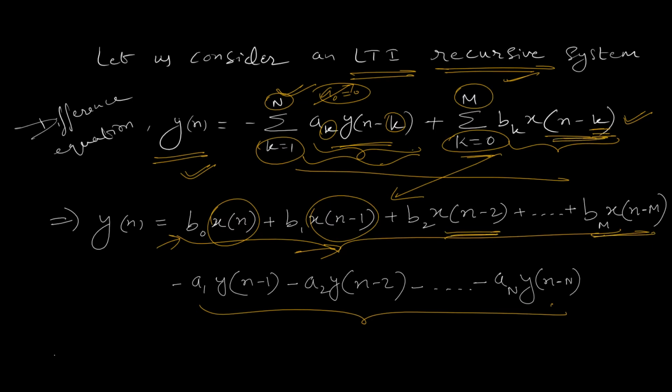Likewise, we can get the shifted versions of y. Now we have two types of things in these equations: one is the input type of values and the other is the output type of values. So we'll draw structures for both separately and later we will combine them.